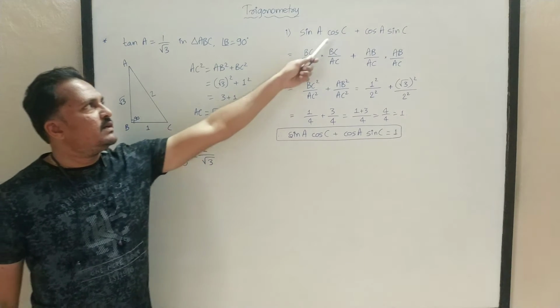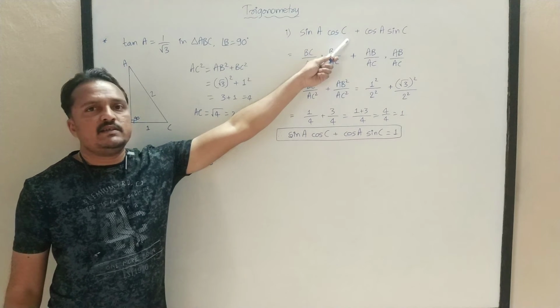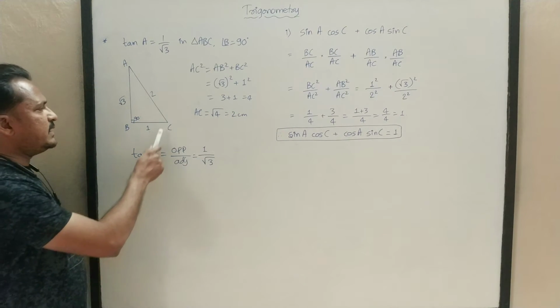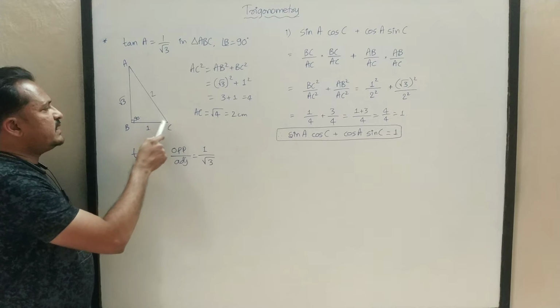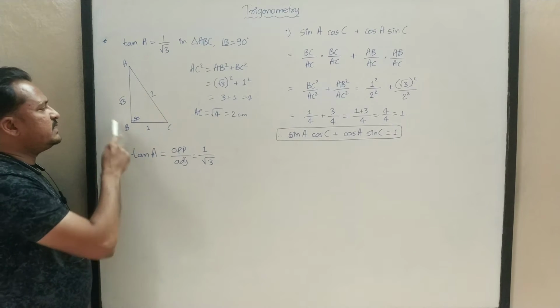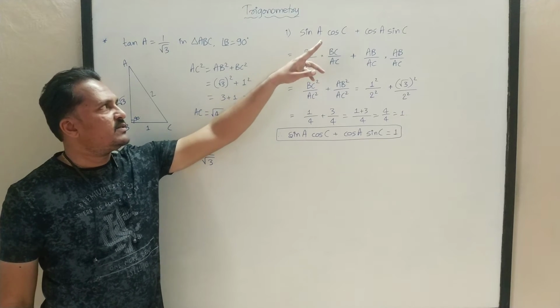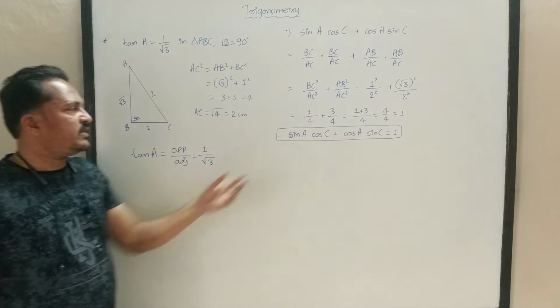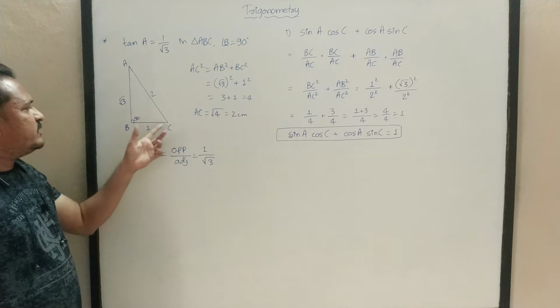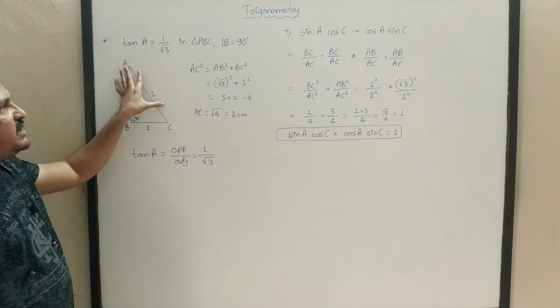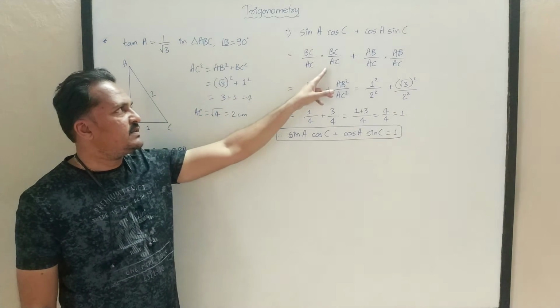AC we have written. Cosine of angle C they have given, so this angle I have to select here. For this angle, AB will be the opposite and BC will be the adjacent here. Then cosine is adjacent divided by hypotenuse. Adjacent is BC for angle C and AC will be the hypotenuse. BC by AC.